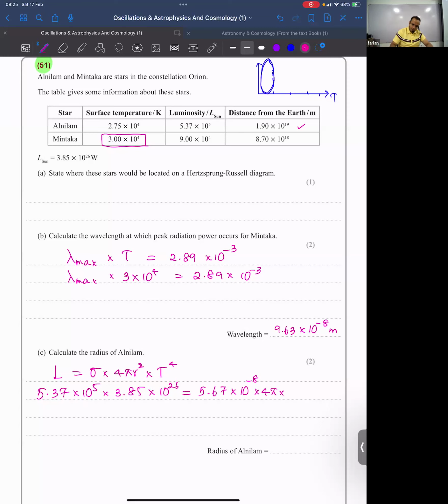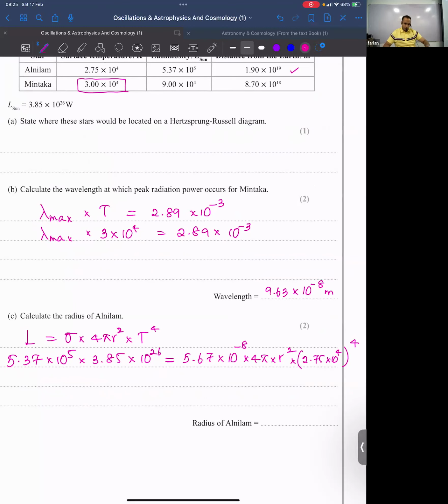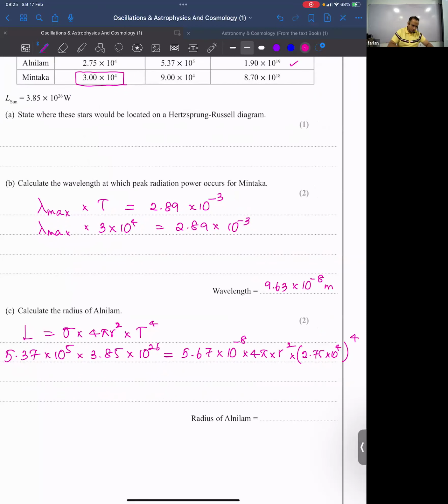No, radius is what we have to find. R square into T to the power 4, where T is given as 2.75 into 10 to the power 4. That is the surface temperature, and that to the power 4. Okay. So from here, with R square subjected, get the square root.